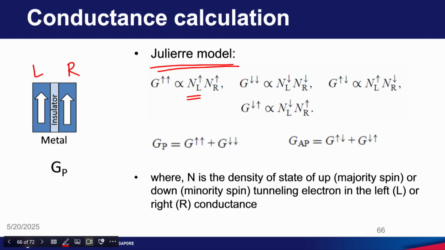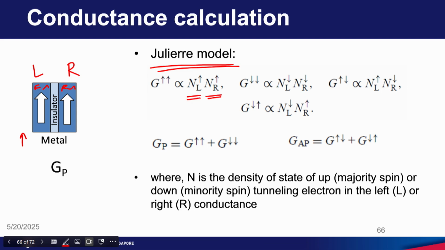The probability for a spin up electron to go from one side to the other depends on the density of states for the majority electrons in the left side ferromagnetic material, and on the right side ferromagnetic material.